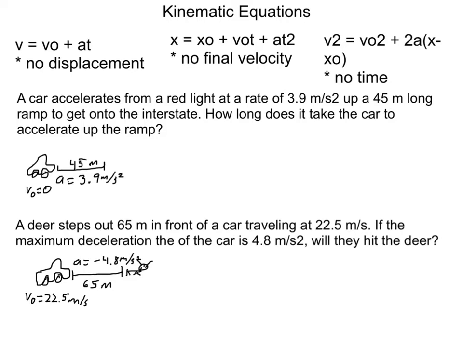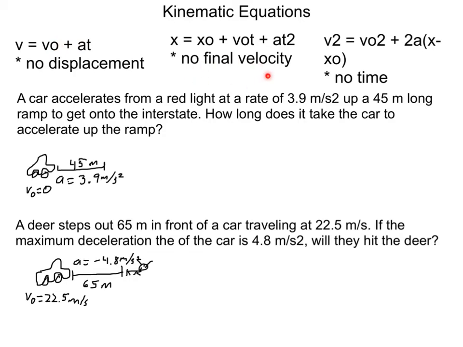So V, the final velocity, equals V naught plus a, that's acceleration, times time, t. So that's one of the kinematic equations, and the nice part about this one is it does not involve displacement or position. So if you don't know any information about a position or the displacement, a distance, if you will, to simplify it down, of an object, then this is going to be your kinematic equation here.